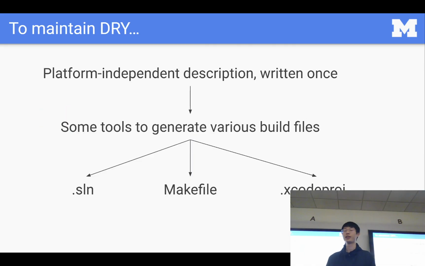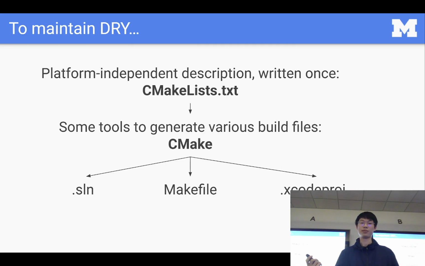With CMake, what we're writing is the very top line: a platform-independent description, and then CMake will generate various build files, which we used to write manually. Now we can generate them automatically. Very cool idea. This helps us maintain DRY: don't repeat yourself.